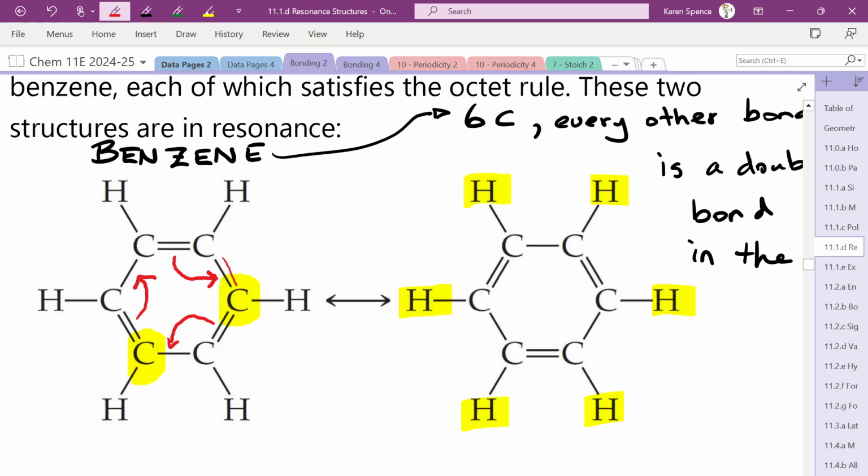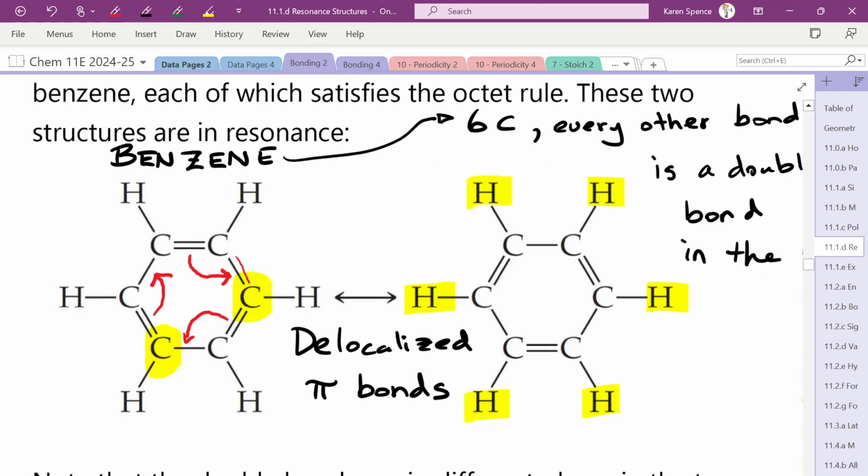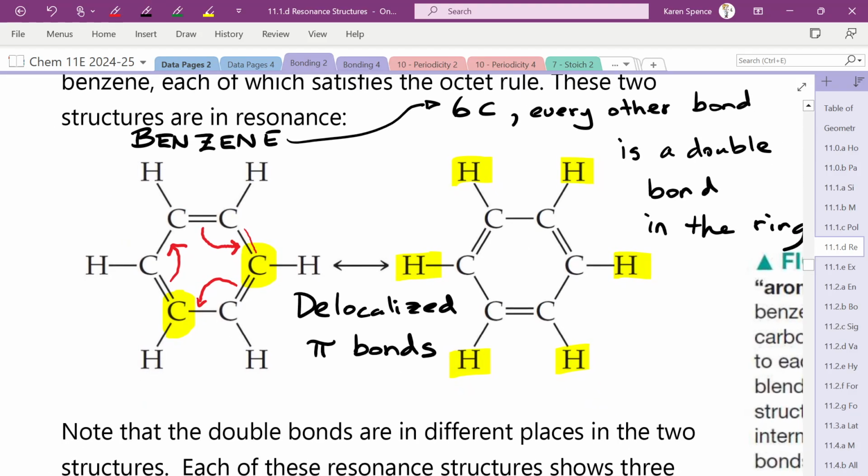So once again, what's the word we use to say that pi bond doesn't stay in place? We have delocalized pi bonds. Remember, those are above and below the internuclear axis. However, do we actually alternate double, single, double, single?